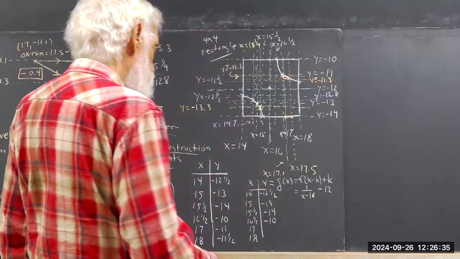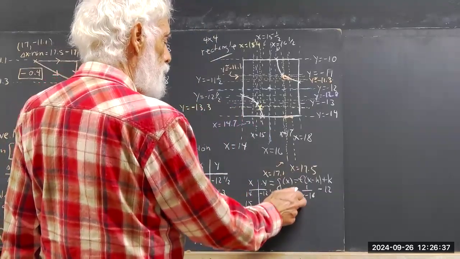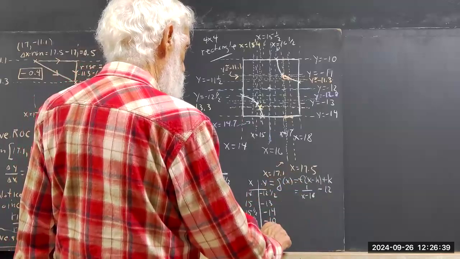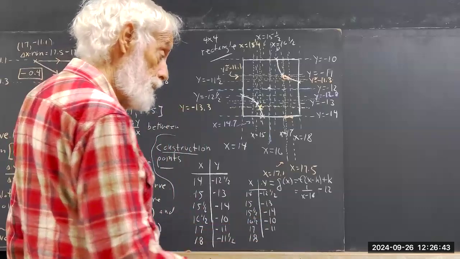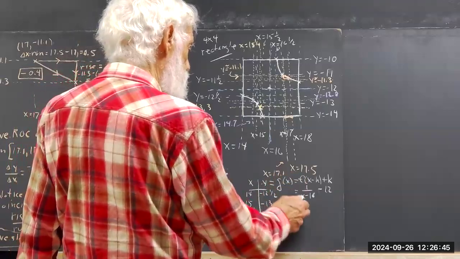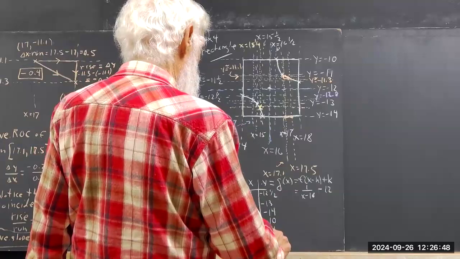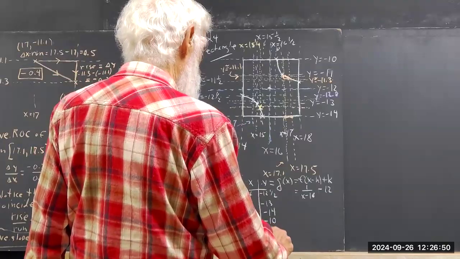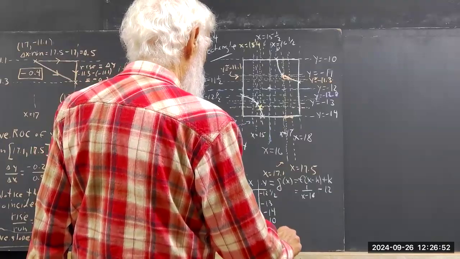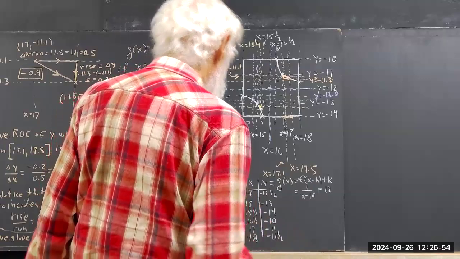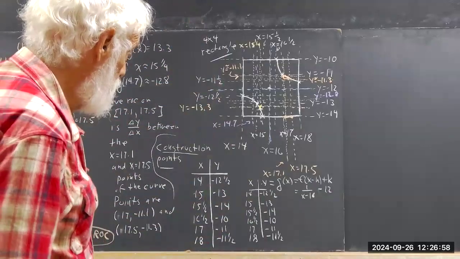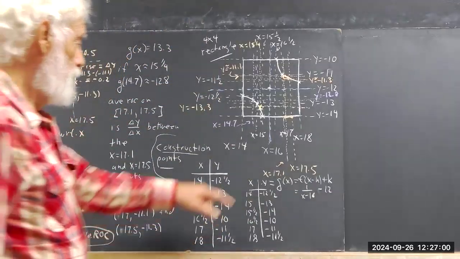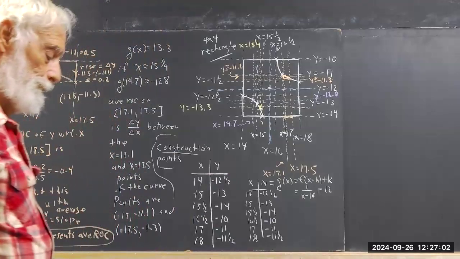Now, I won't go through the details. 17 is going to give you 1 over 1, which is 1, minus 12, which is negative 11. 18 minus 16 is going to give you positive 2, which gives you 1/2. 1/2 minus 12 is negative 11 and a half. Really, you also need to be able to visualize these numbers in terms of the picture and everything else. But you notice that the graphs agree.